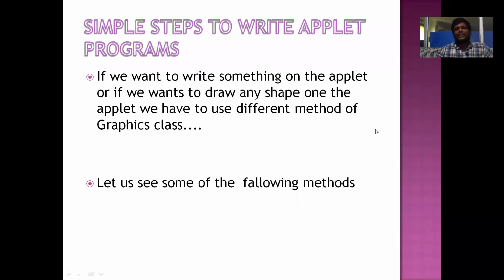Okay, so let us see some of the following methods. Here we are not going to cover all the methods. Among all those methods, I am going to cover only some of them. Let us see the methods one by one.